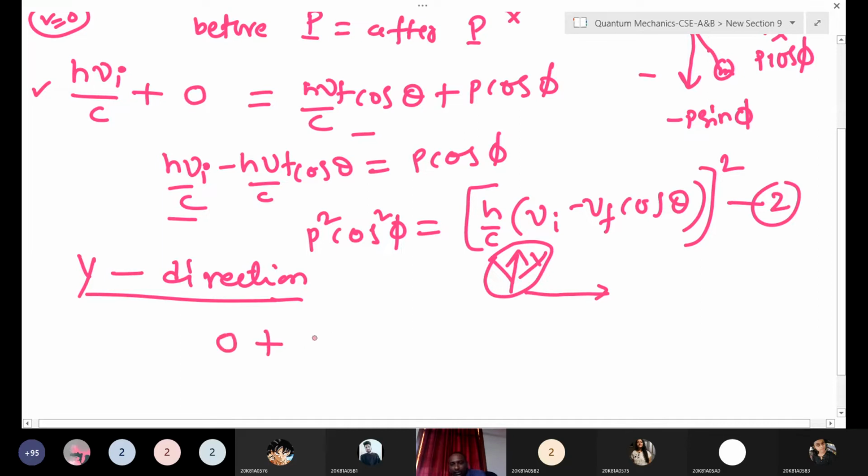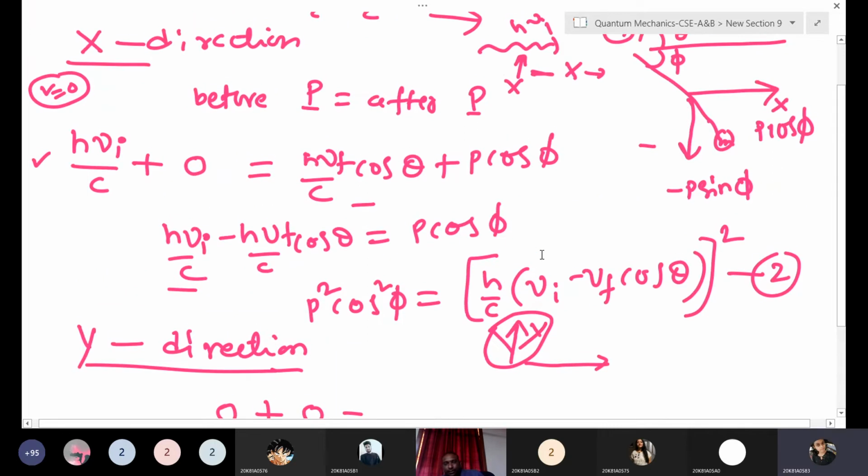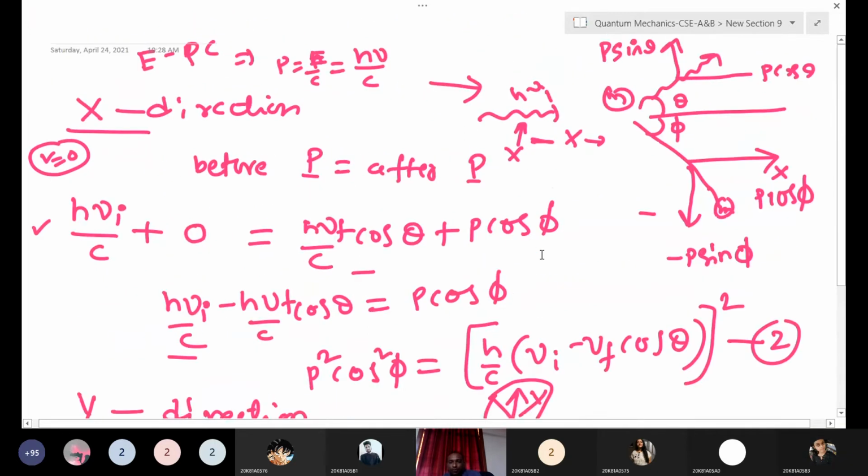And also initially, in Compton scattering the electron is at rest, so electron momentum is also 0. After scattering... is this clear now why it is 0? Yes, sir. Before collision, photon is moving only along the x direction, not in the y or z direction.